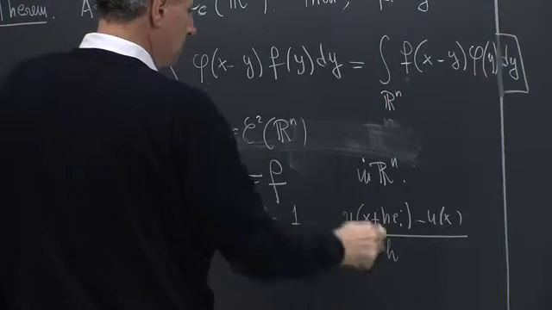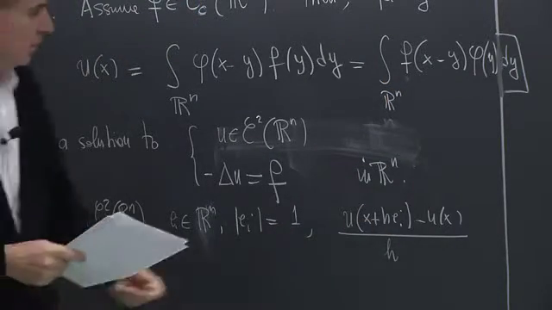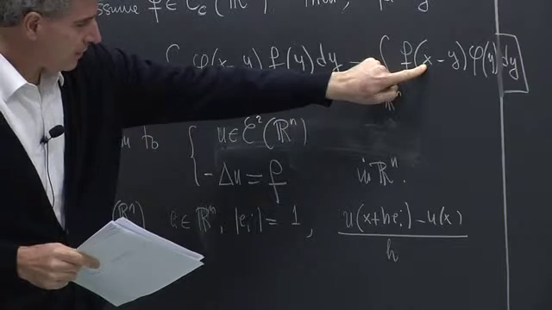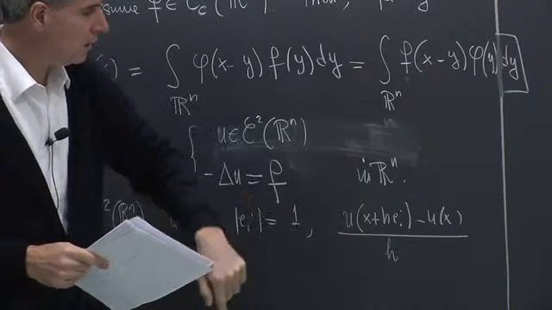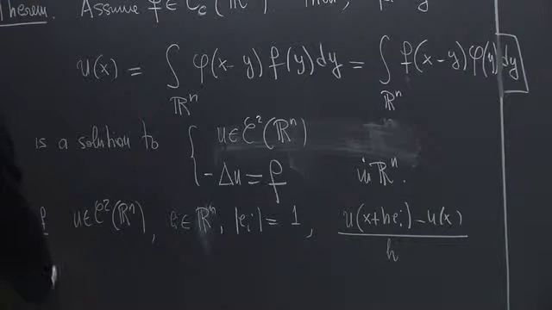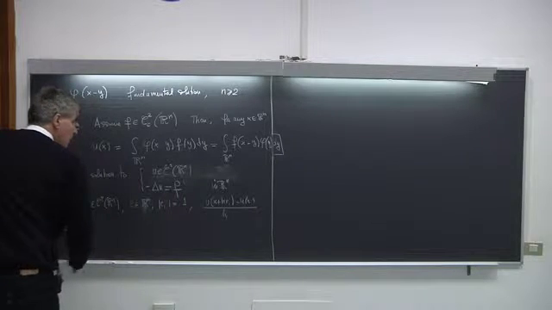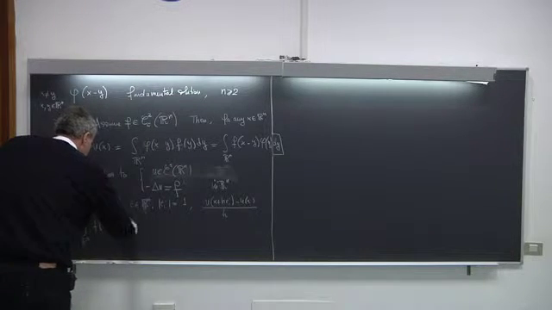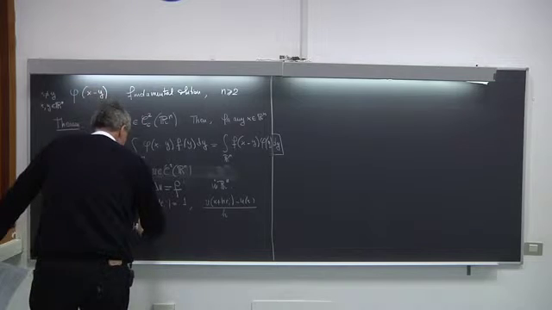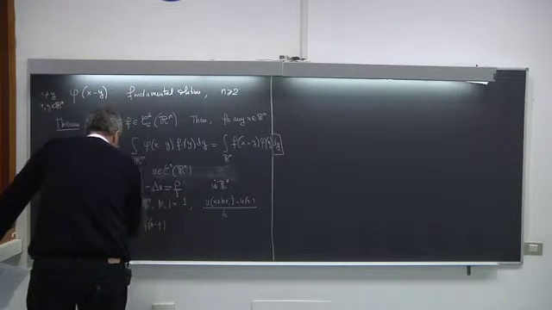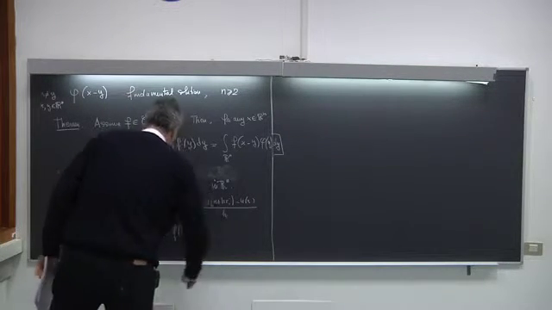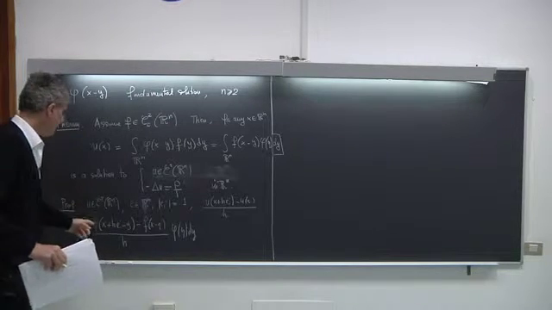Okay, so the homework consists in the following. You write this quotient, writing here f of x plus h e_i minus y. So this is equal to the integral over Rn of f of x plus h e_i minus y, minus f of x minus y, divided by h. Now we know that f is in C2.